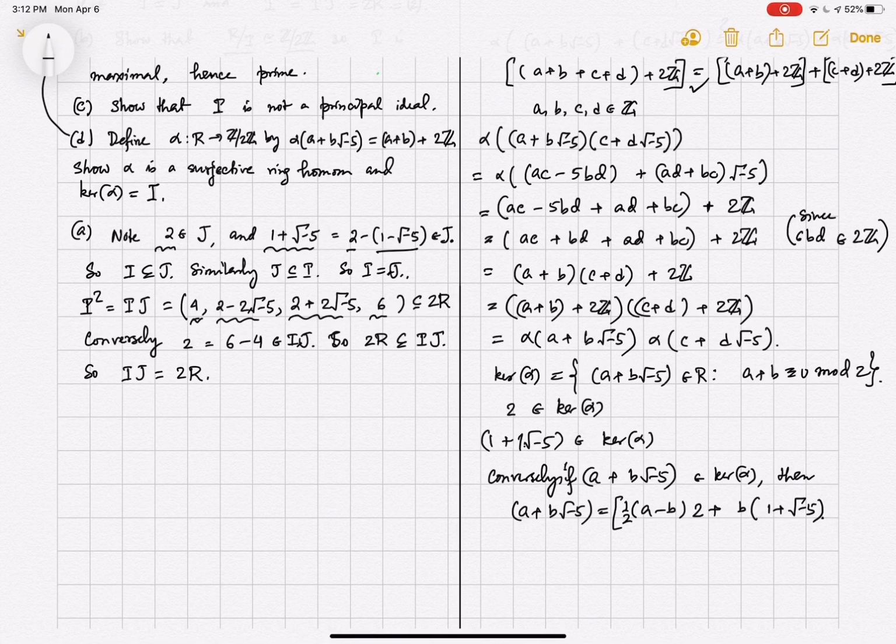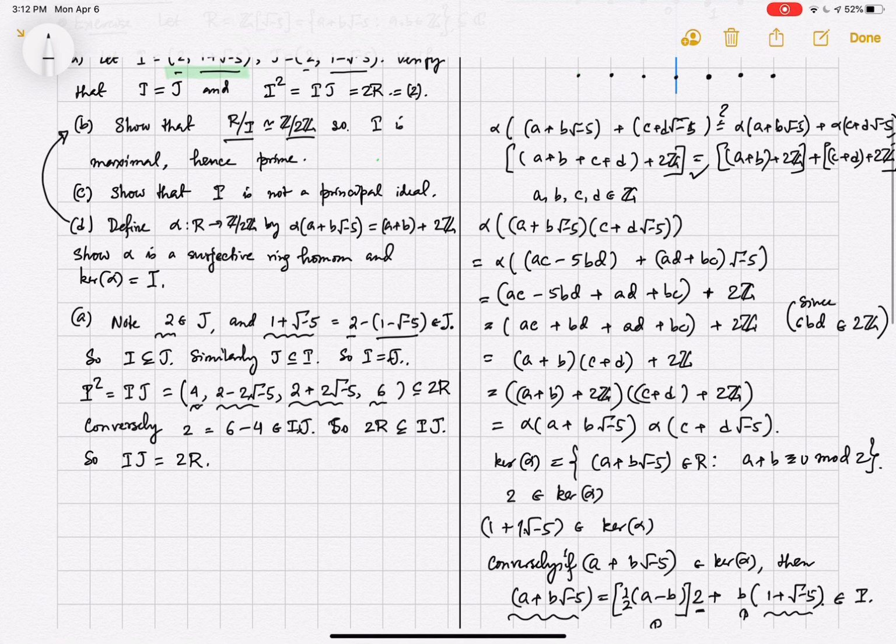You see, because a plus b is even, a minus b is also even. So this is an integer, this is an integer. So I've written it as something times 2 plus something times 1 plus square root of minus 5, only with integer coefficients, and integers are certainly in R. So that shows that any such number is in I. So I is the kernel of alpha. Okay, that proves part D.